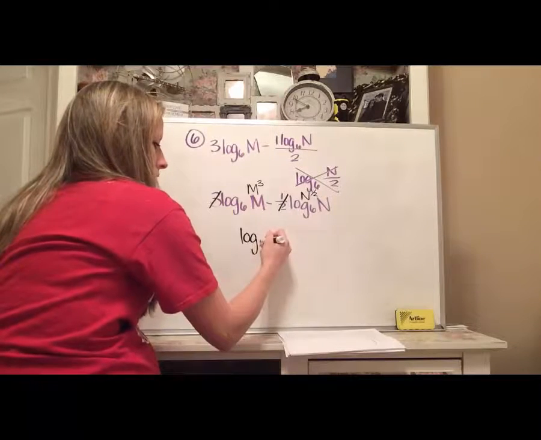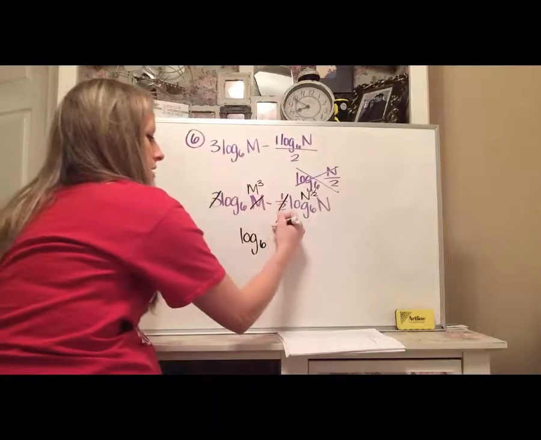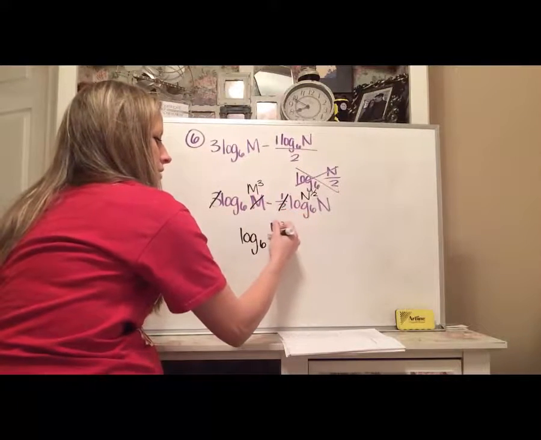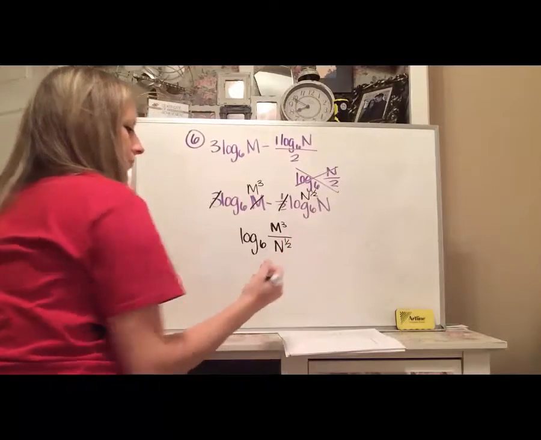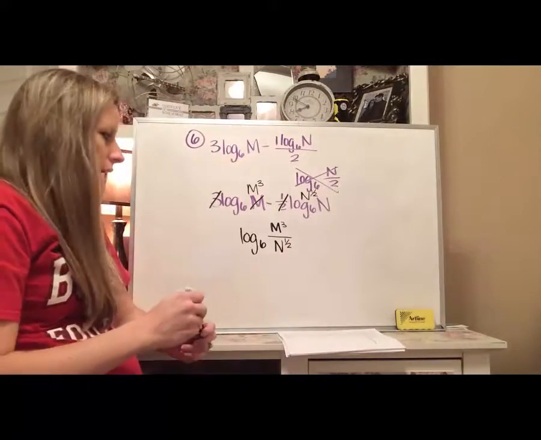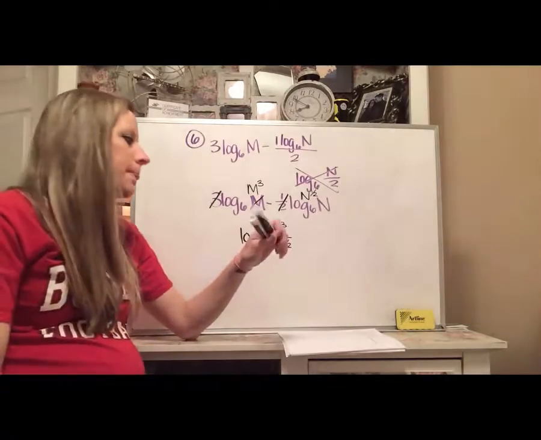Page. So log base 6 of m cubed, remember we changed that, divided by n to the 1/2 power. Now see how we have a rational exponent?